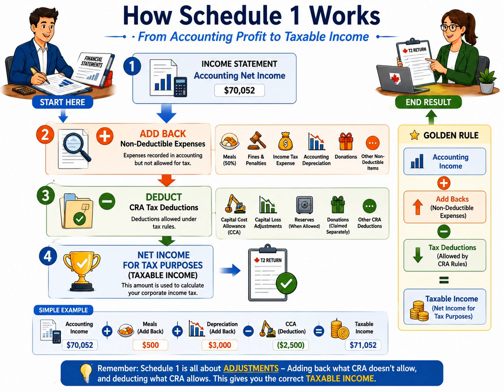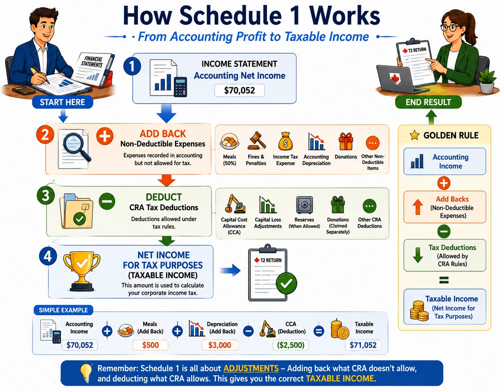Other deductions, such as certain reserves or capital loss adjustments, may also apply depending on the circumstances. After adding back the non-deductible expenses and subtracting the allowable tax deductions, we arrive at the corporation's net income for tax purposes, also known as taxable income. This is the amount that forms the basis for calculating the corporation's income tax.